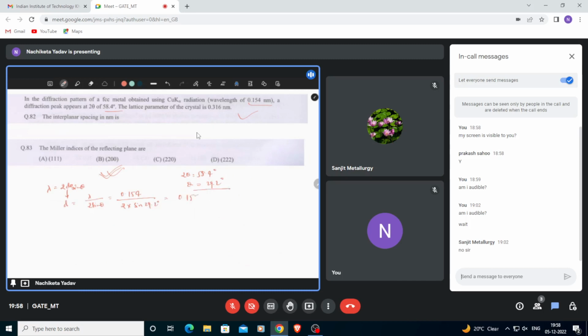You will get nearly 0.158 nanometer. So can you tell me what is the Miller indices of the reflecting plane?